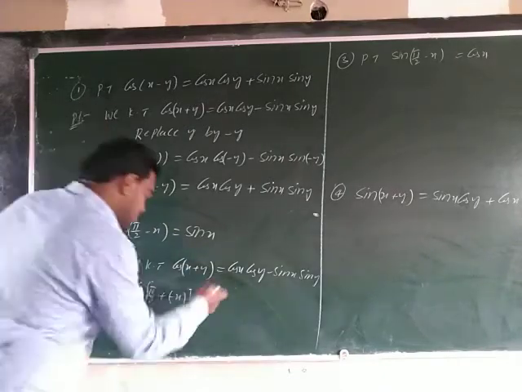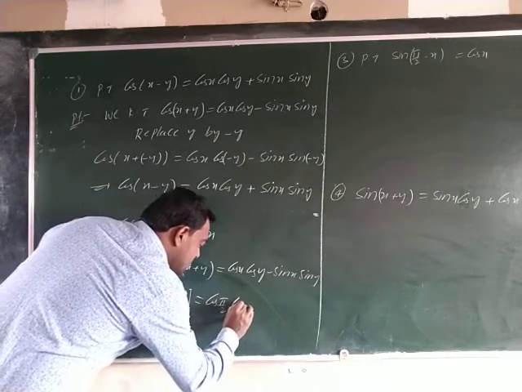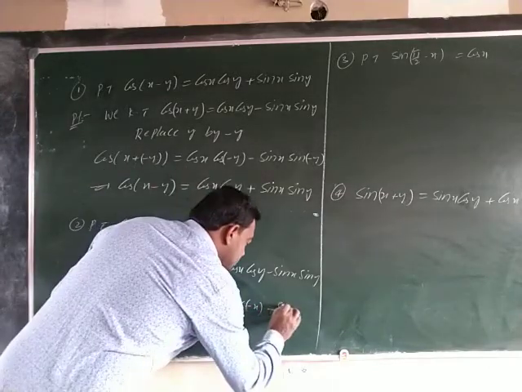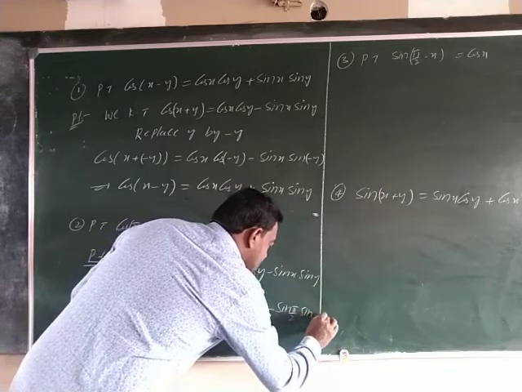So substitute now: cos pi by 2 cos of minus x minus sin pi by 2 sin of minus x.